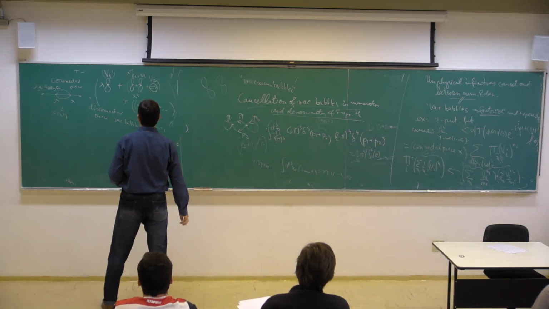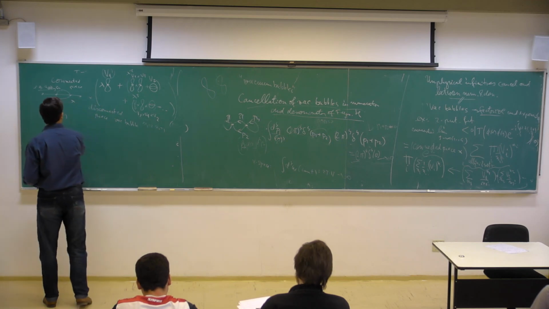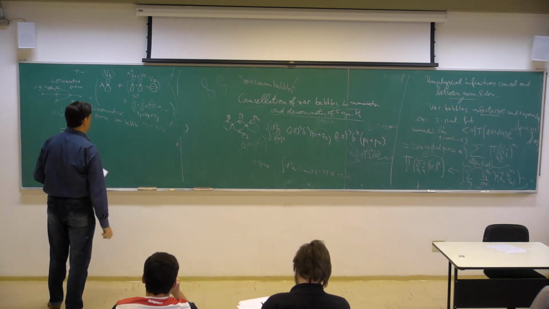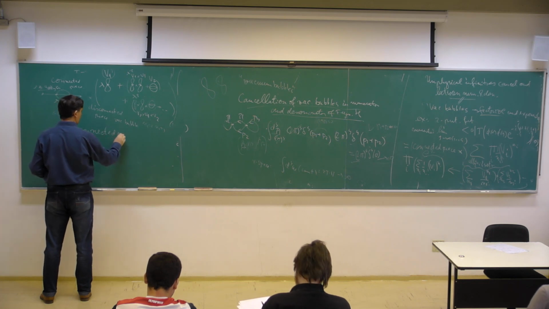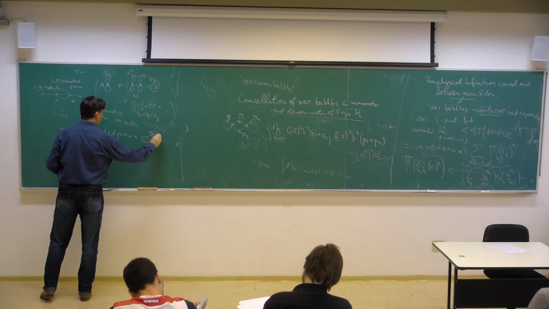So that means this is equal to the connected piece times e to the sum over i of Vi.